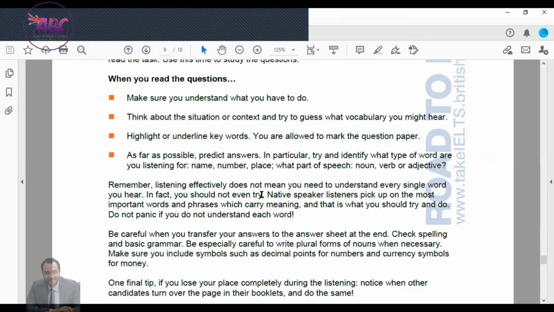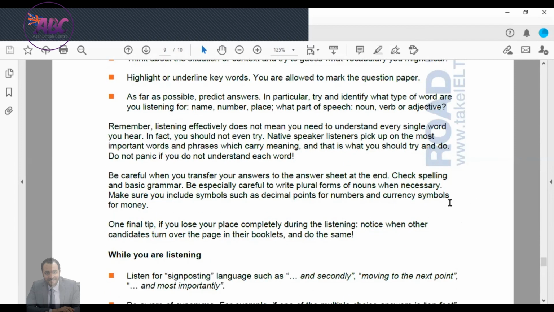When transferring your answers to the answer sheet, some people use a very strange technique, but they write every single word in the answer sheet in capital letters, to avoid mistakes with punctuation rules. You can do this if you want. Pay attention to symbols, as we said, for money, decimals, and so on.